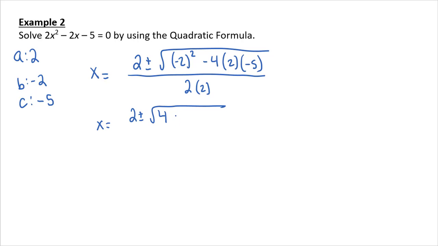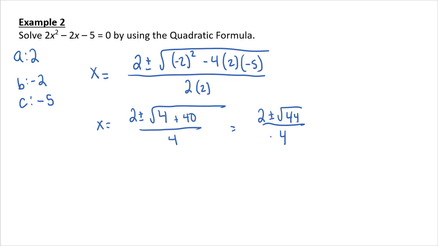Plus 40 over 4, so 2 plus or minus the square root of 44 over 4.